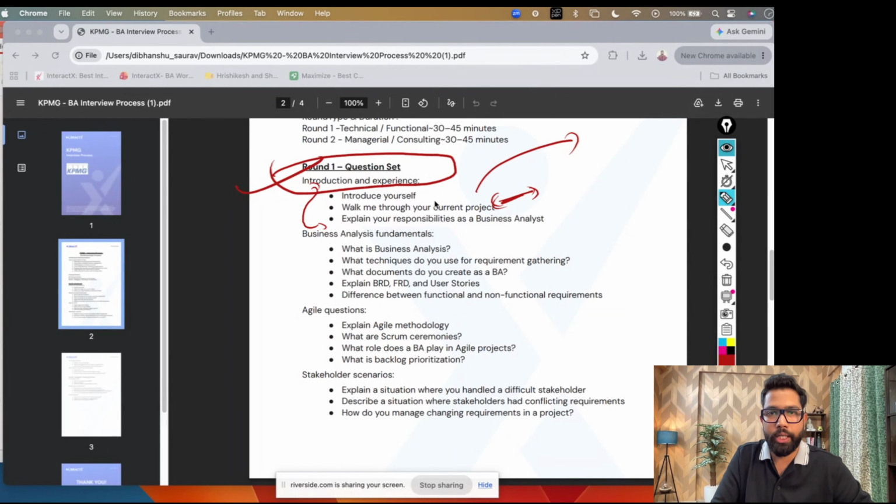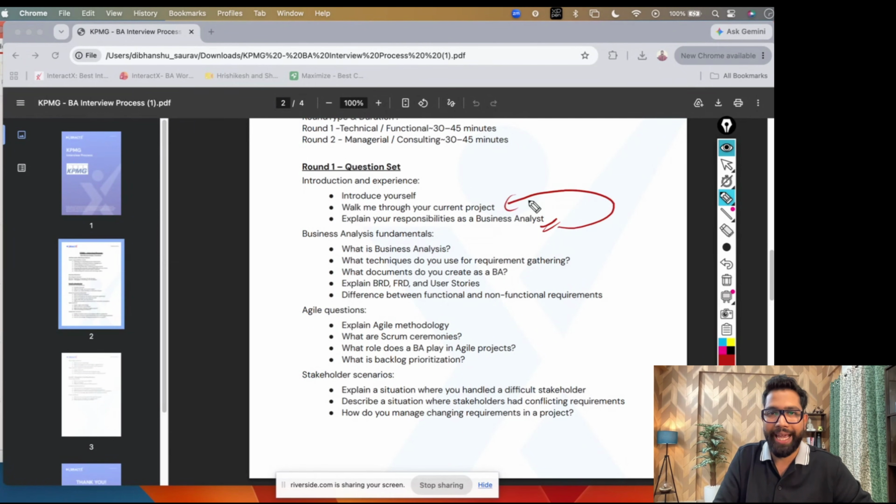You will understand where we might go wrong as far as current project justification is concerned. And depending upon whatever methodologies you're currently working with in your organization, you are also supposed to talk about your responsibility as a business analyst in sync with the current project justification you're giving.